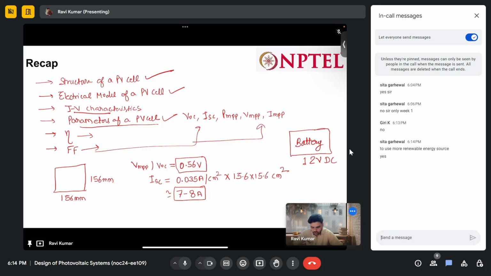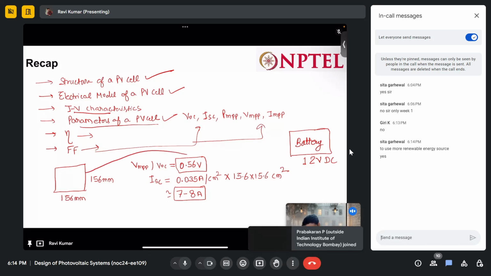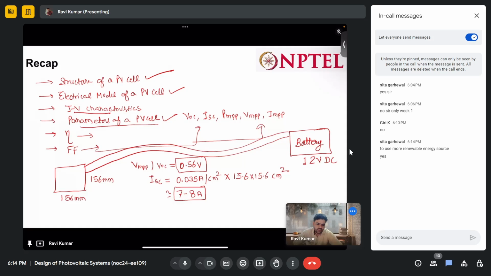Yes. Okay. But let me know one thing. If the output of the solar cell is connected to this battery, will it be charged? Will this solar cell be sufficient to charge this battery? No, not at all. Why?